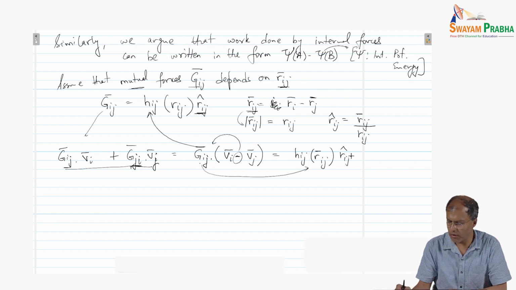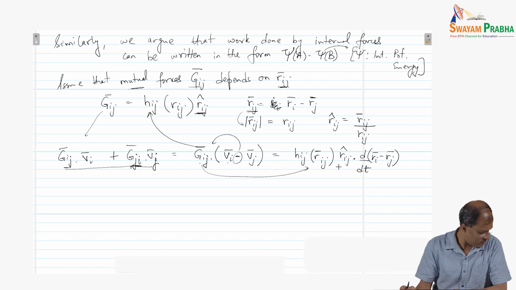And now we take a dot product. Remember, this is Vi minus Vj, so this is d dt of Ri minus Rj, that is Vi minus Vj.